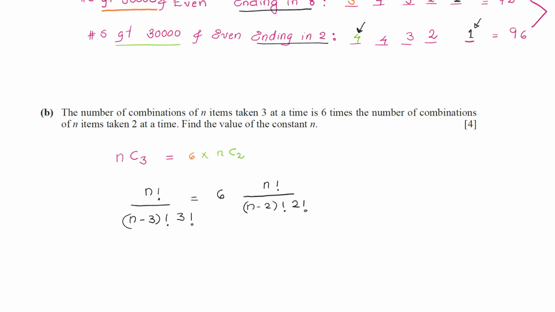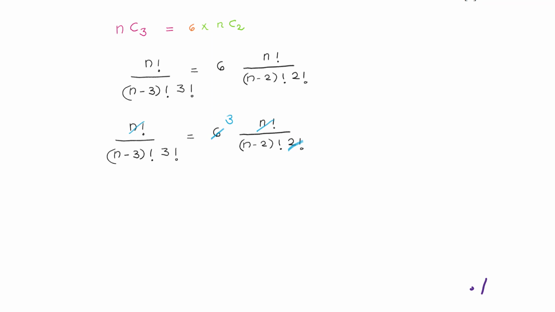Let's cancel out the terms. On the left and right side there is n factorial. We can cancel them out, and 6 and 2 factorial can get cancelled out. You have a 3. Now what we have remaining is interesting. There is 3 factorial and (n minus 3) factorial, which is equal to the remaining.